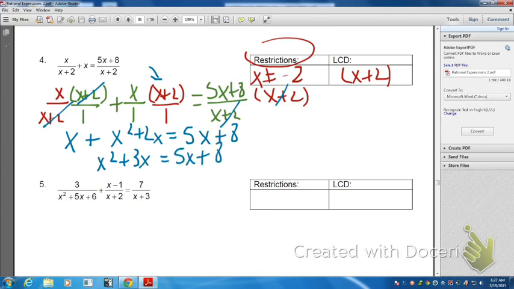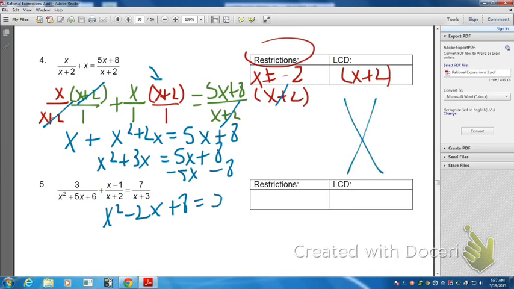We have a quadratic. We know that quadratics, in order to solve them for their zeros, we have to make this equal to 0. So we will move the 5x and the 8 over as their opposites. That would give us x squared minus 2x plus 8 equals 0. Use your x method to factor that. You have your 8. And our negative 2, so that would give us the negative 4, positive 2.